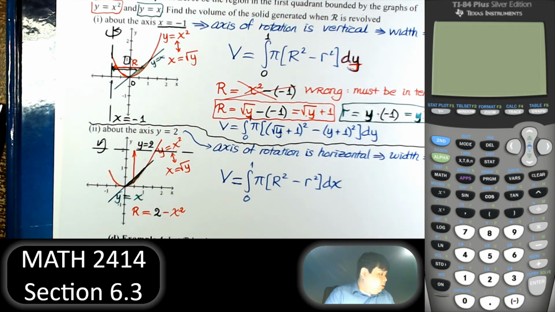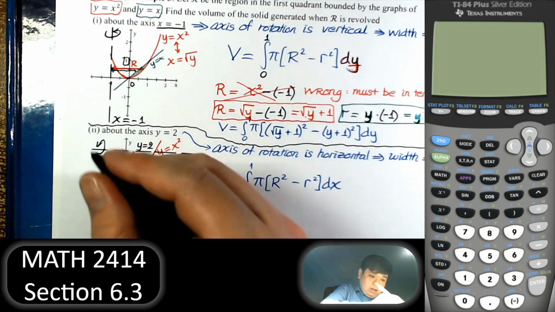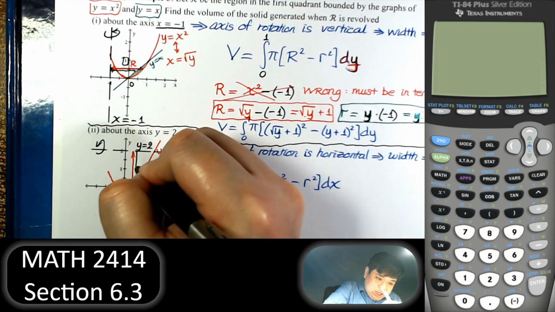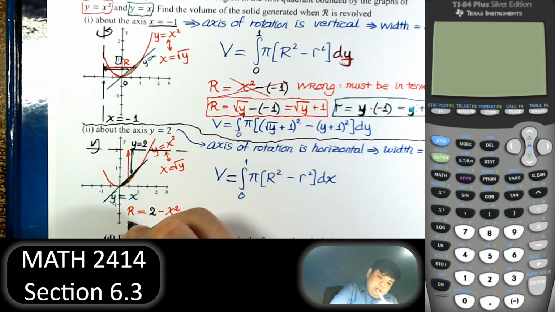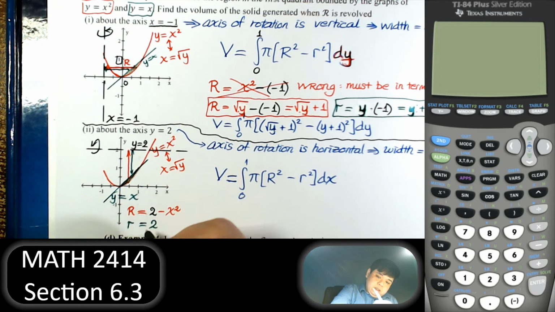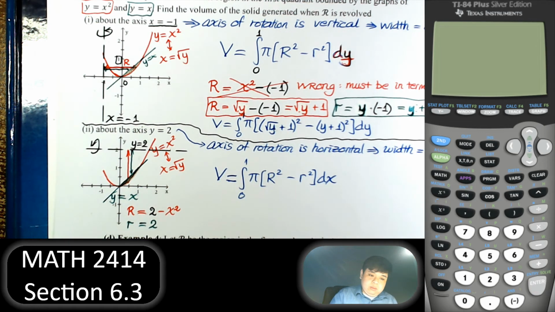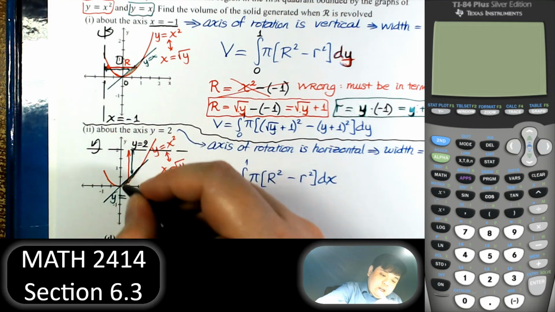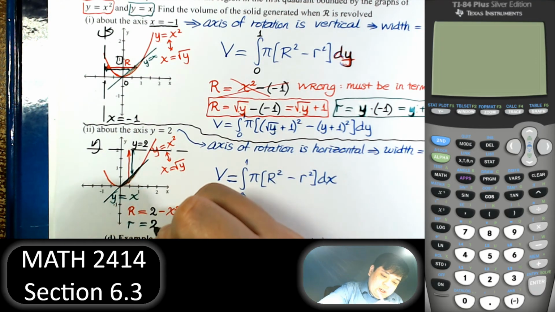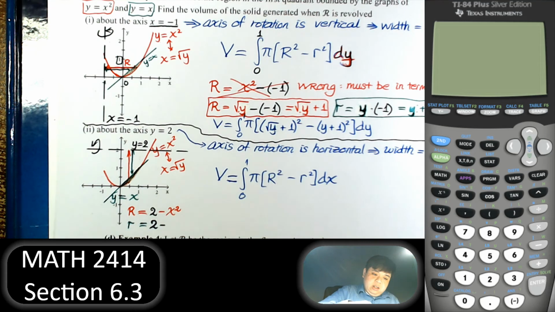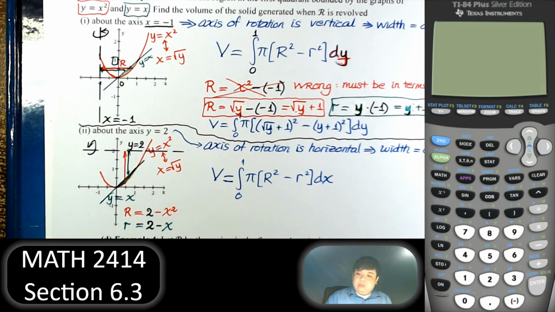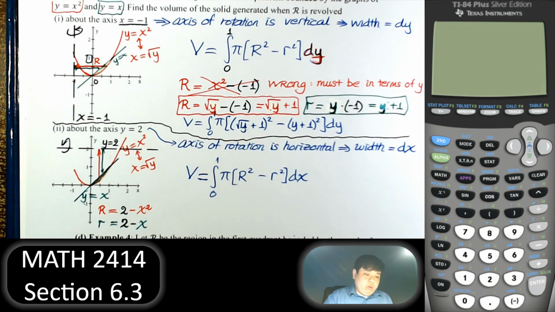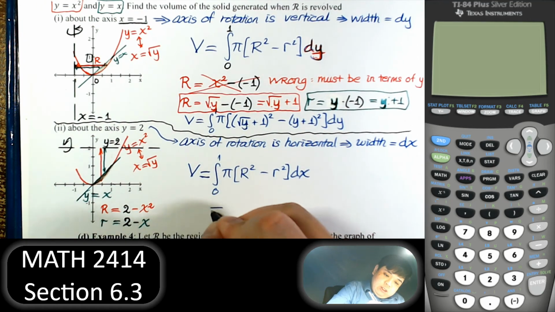Now the little radius will be from the axis of rotation to the inner edge. So we start from the upper function minus the lower function, and we put that in the formula.